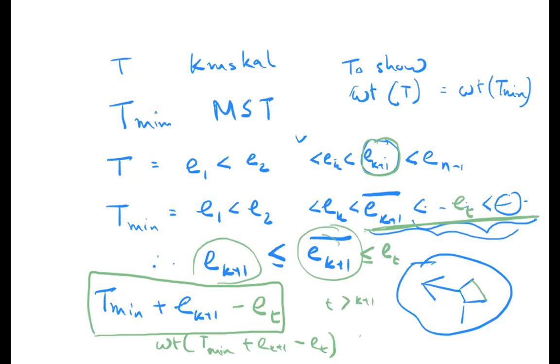So this must be lesser than or equal to the weight of T mean. But I also know that since T mean is the minimum, the weight of any spanning tree must be bigger than or equal to the weight of T mean.